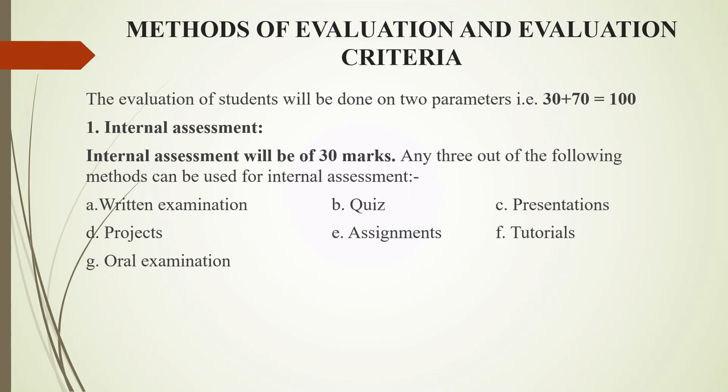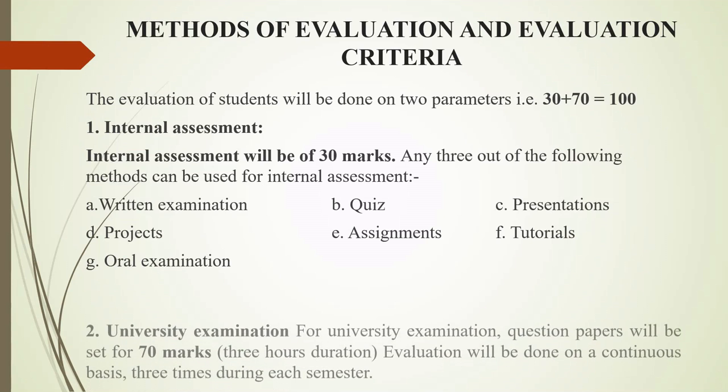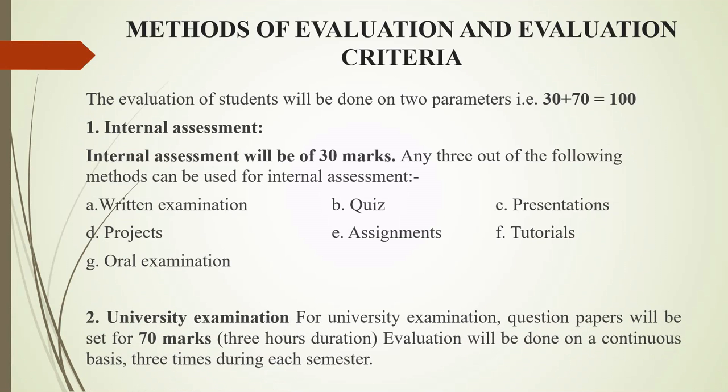These methods are written examination, quiz, presentation, project, assessment, tutorials and oral exam. Second, university examination. For the university examination, the question paper will be set for 70 marks, 3 hour duration. Evaluation will be done on a continuous basis 3 times during each semester.